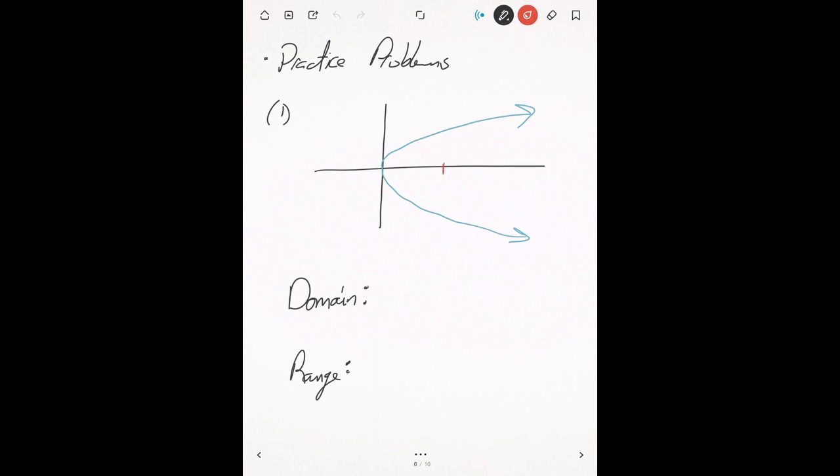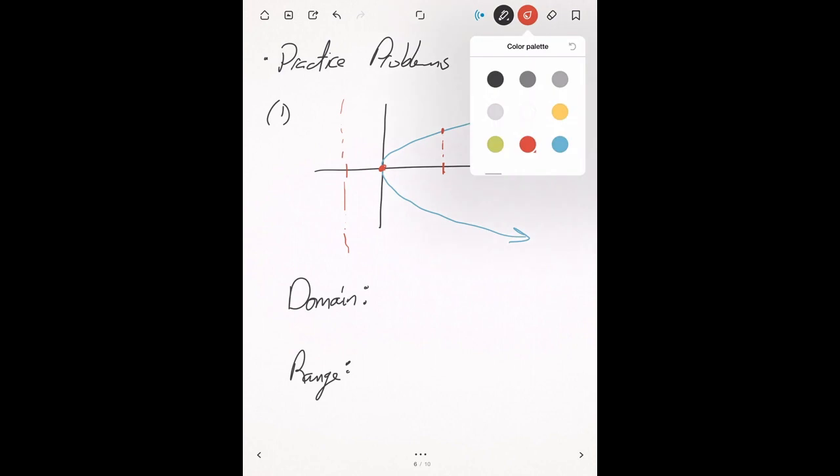Well, keep in mind the domain is what x values can you plug in and get coordinate points for. So where do you see coordinate points? Well, it seems like any x value I pick will give me a coordinate point, and even at 0, 0, there's a coordinate point right there. But wait a minute, if I go out on this side, I'm in the negatives, I don't see any coordinate point over here. The graph never comes over to the negative side, it only goes on this positive side.